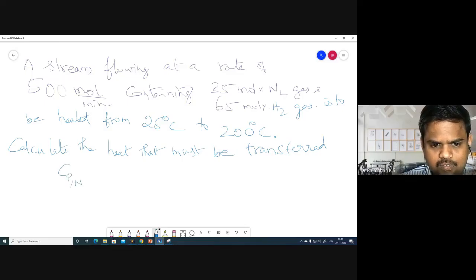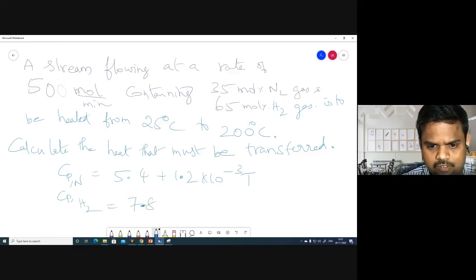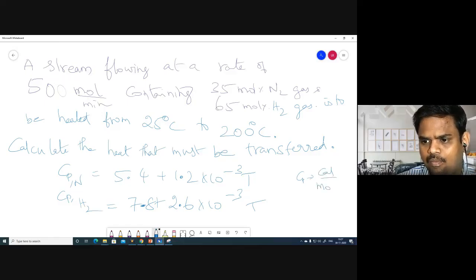Cp data is given. Cp of N2 is given as 5.4 plus 1.2 into 10 power minus 3 T, and Cp of H2 is given as 7.8 plus 2.6 into 10 power minus 3 T, where Cp is in calorie per mole Kelvin.